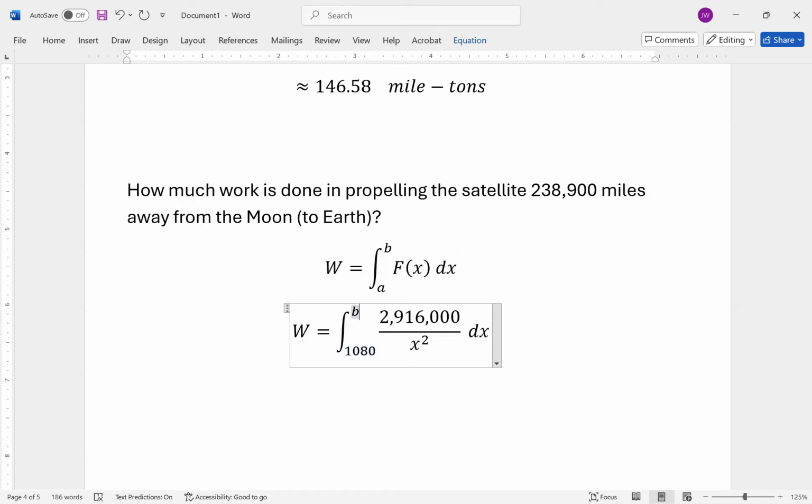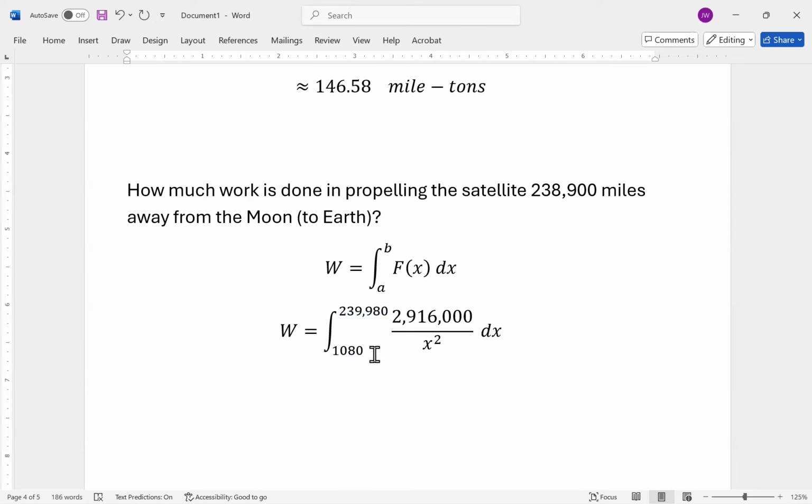And if I shoot it out 238,900 miles away, then that's an additional 238,900. That means my end destination is 239,980 miles away from the center of the moon.